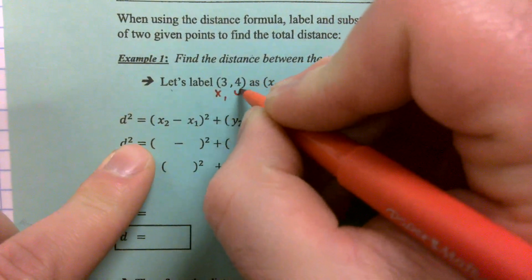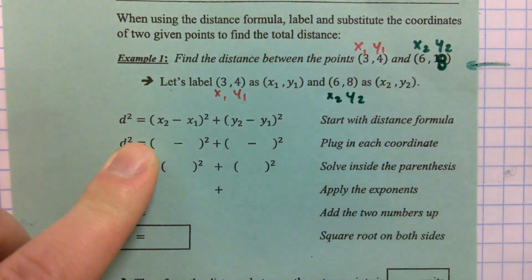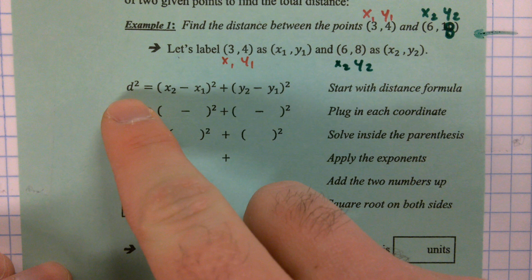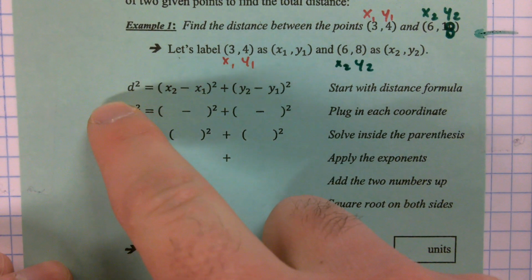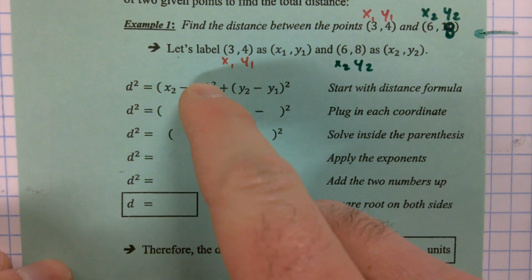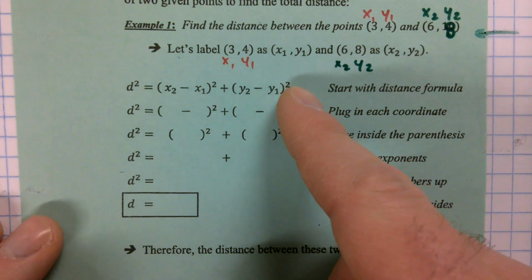So we've got x1, y1, x2, y2. All right? We start with our distance formula. D squared, not just D, D squared equals x2 minus x1 squared plus y2 minus y1 squared.